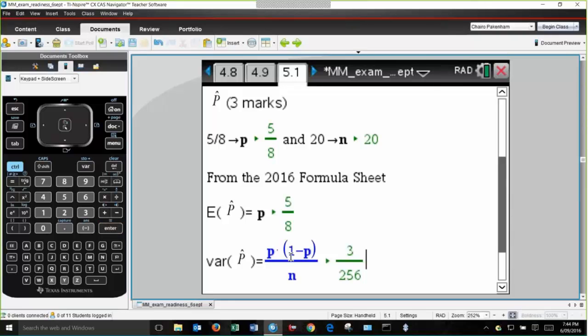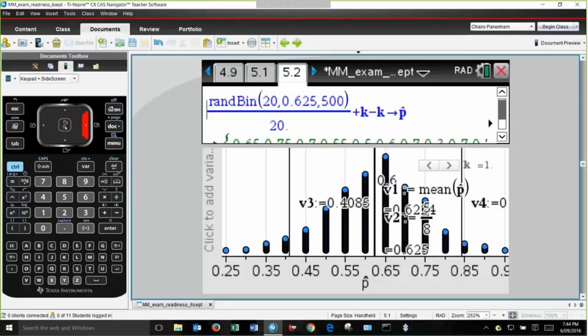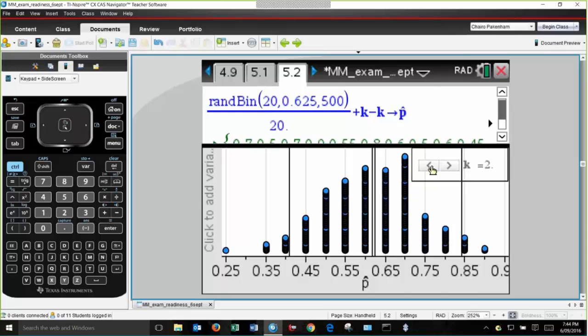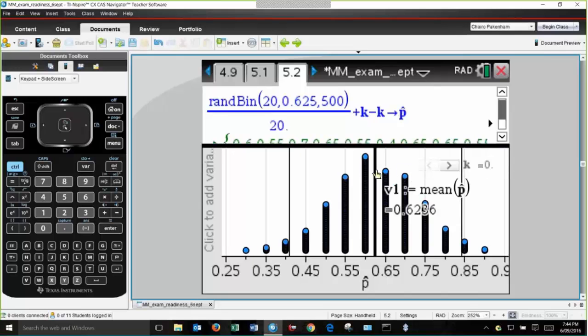Okay, so what does that actually mean? Well, if students have been doing their simulations, they would realise that in this simulation I've got 500 random samples at a time, and if I take the average of the 500 samples, it's very close to 5/8. 5/8 is 0.625.